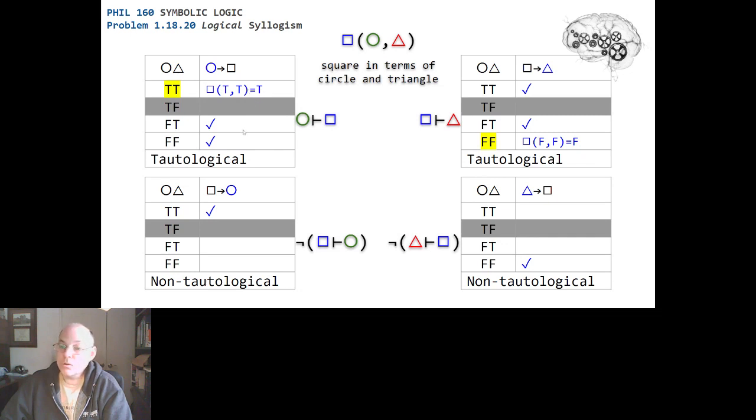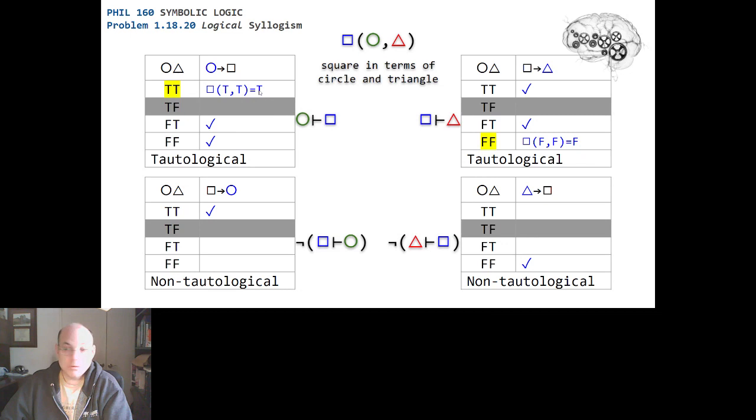So in order to meet this requirement, when circle is true and triangle is true, the value of the statement that we construct, which is square, needs to be true.